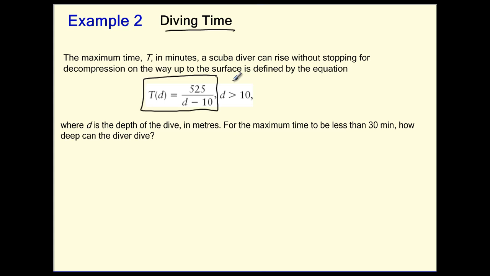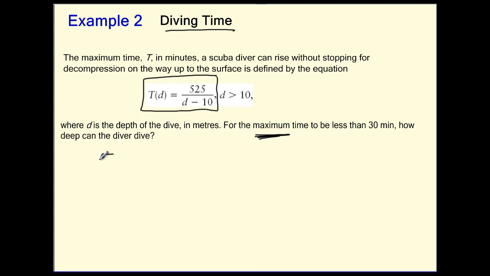So what we want to do is determine the maximum time. That word maximum is important to us because we're looking for a specific time that we can travel to a depth of some unknown value. So that's what we're looking at here.